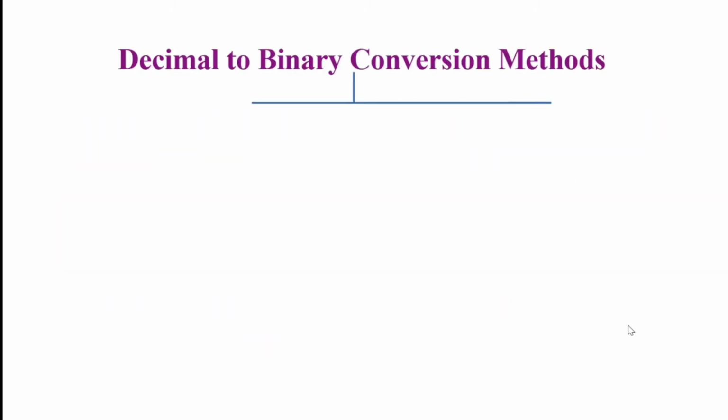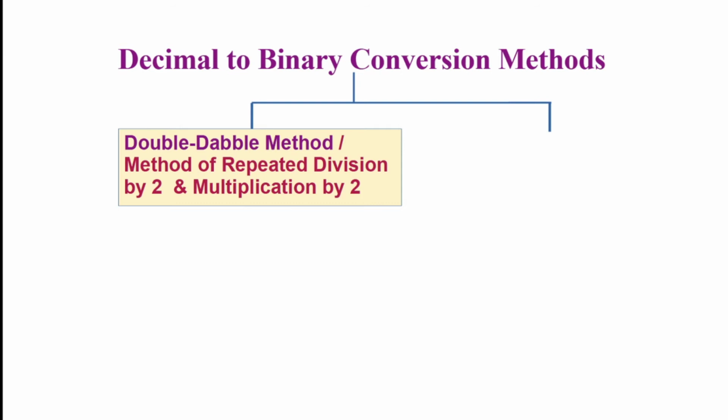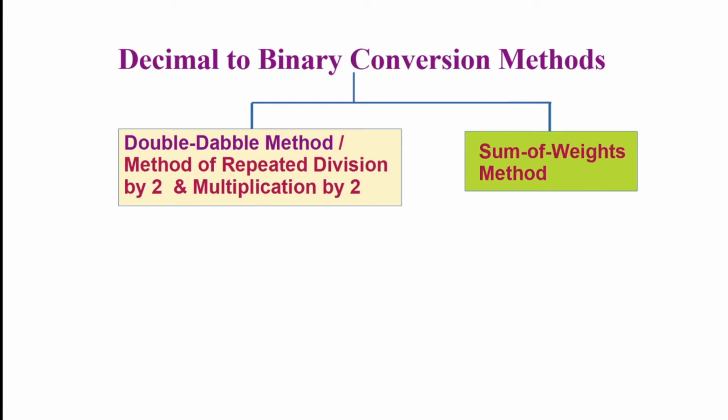Decimal to binary conversion methods. Usually, two methods are used. The double method, which is also known as the method of repeated division by 2 and repeated multiplication by 2. And the another method is known as the sum of weight method.